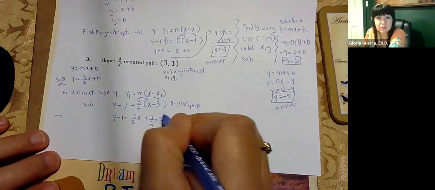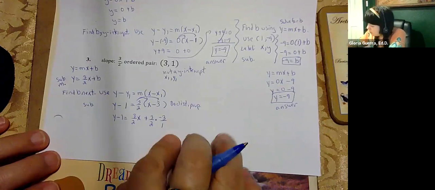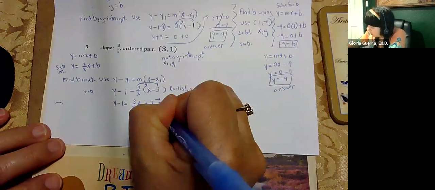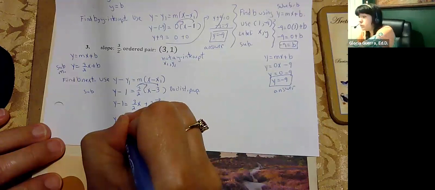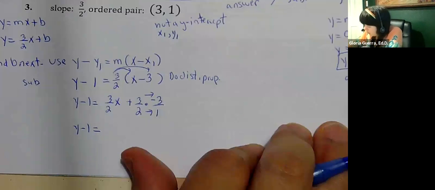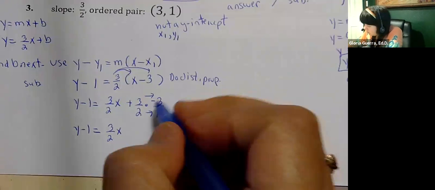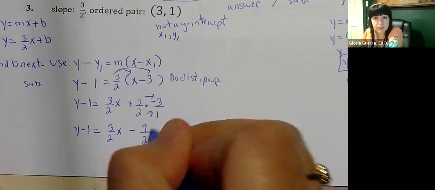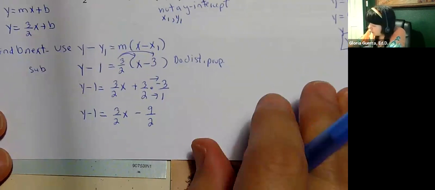The way I multiply fractions is I multiply across. So y minus 1 equals 3/2 x. 3 times negative 3 is a negative 9. 2 times 1 is 2. Okay. And now I'm going to solve this for y.